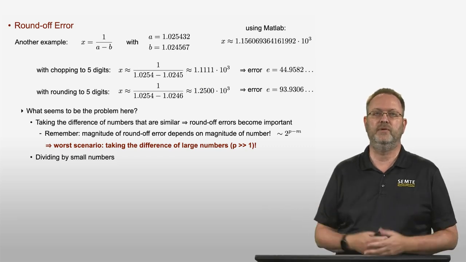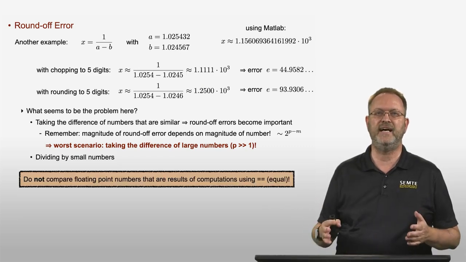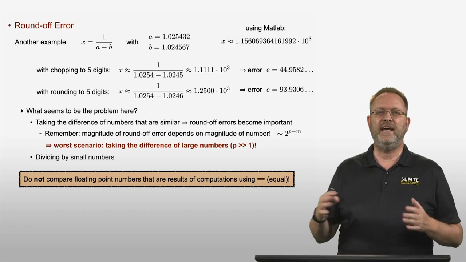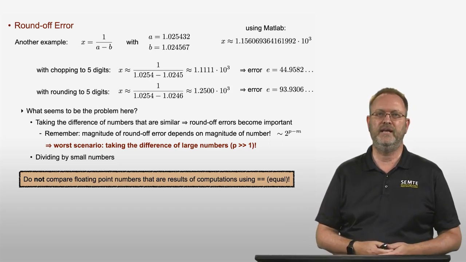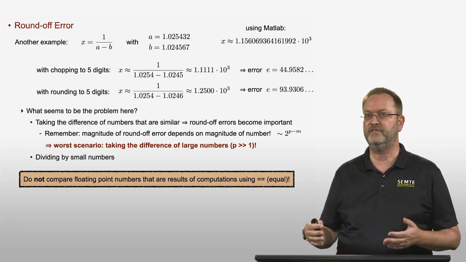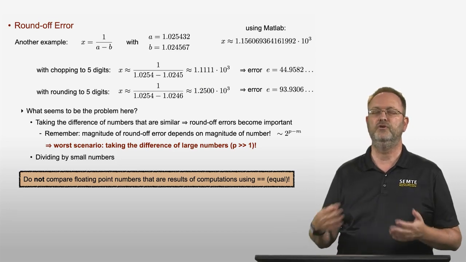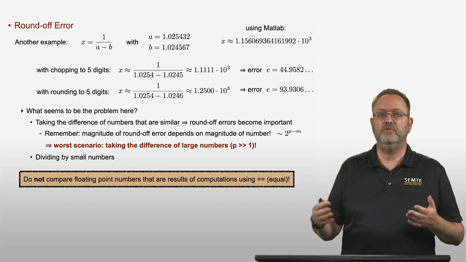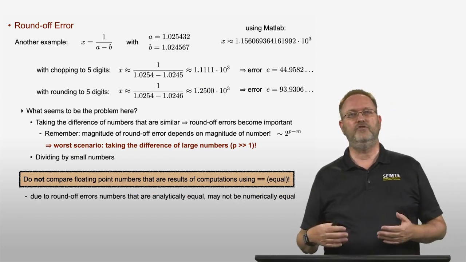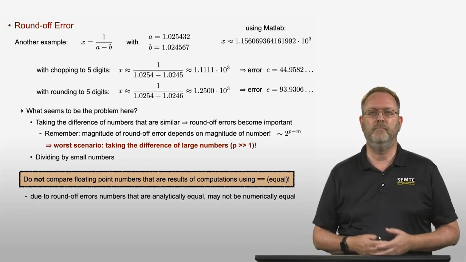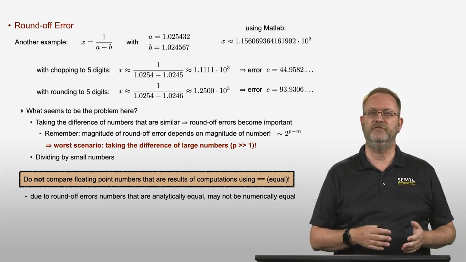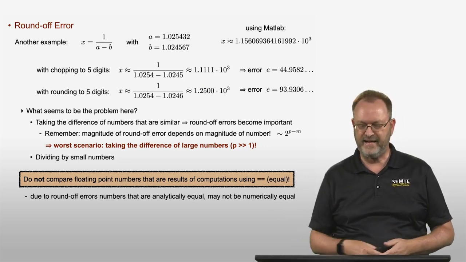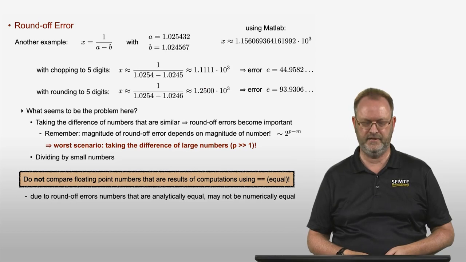So what's the consequence for this? The consequence is that you should never compare floating point numbers that are the results of computations using the equal sign. Because due to roundoff errors, the number that your numerical method gives you might actually be different from the analytically exact number that you can calculate.